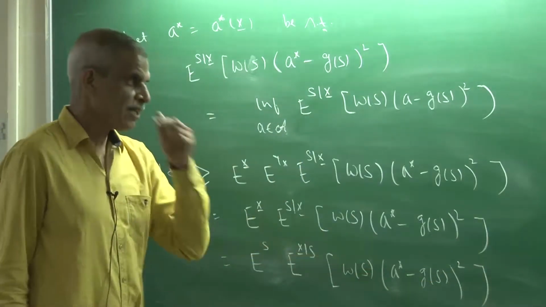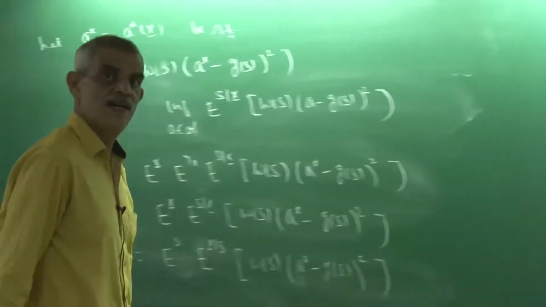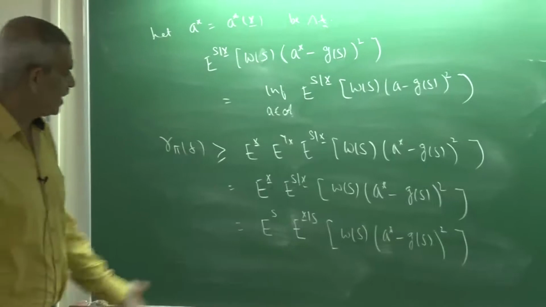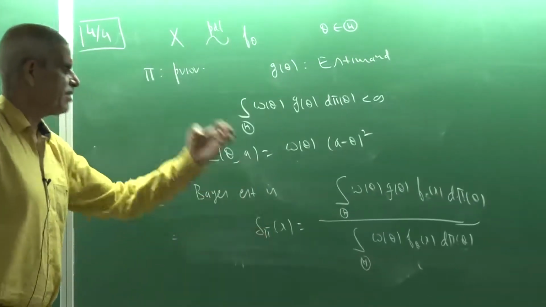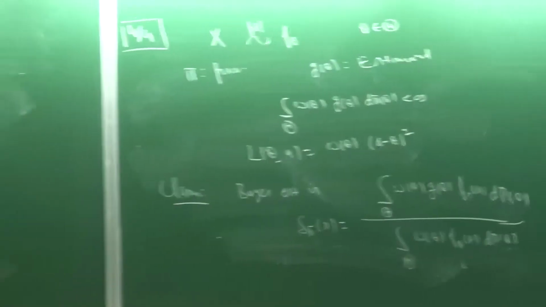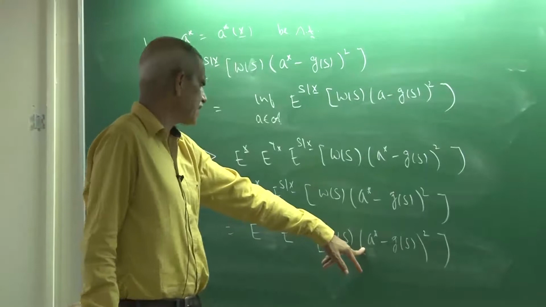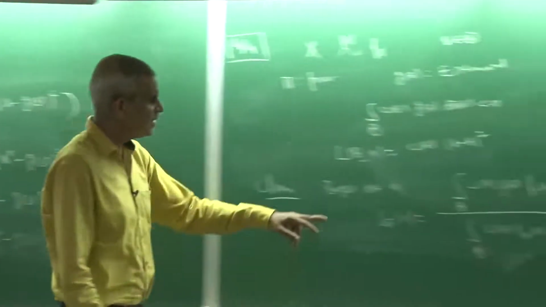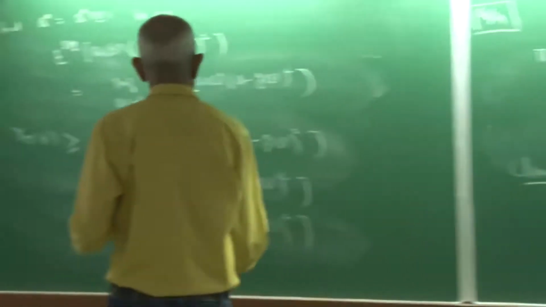If this A star was the same as delta pi x, then I was done. Then it would have been the risk of delta pi, and this estimator would have been the Bayes. So, to show that delta pi is Bayes, you just try to show that A star is the same as this estimator, that means the minimizing one.